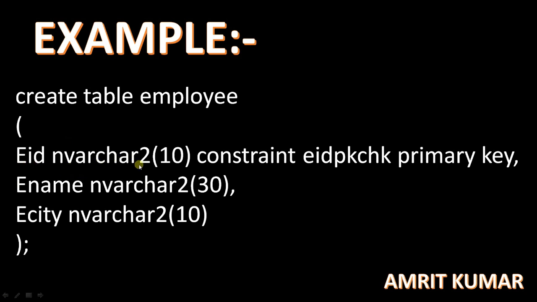Now we are using another field, ENAME, NVARCHAR2 with size 13, and ECT, NVARCHAR2 with size 10, and we are closing this table. So this is the way to write the code in Oracle.